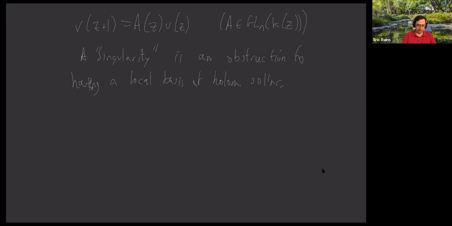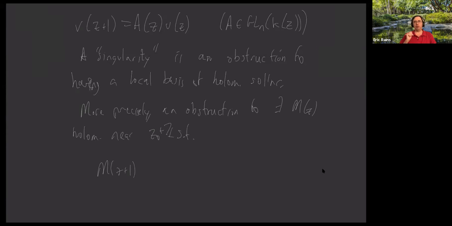More precisely, it's an obstruction to the existence of a matrix M holomorphic near some point z naught, or near an orbit of point z naught, such that M(z+1) is equal to A(z) M(z), and the determinant of M is invertible.